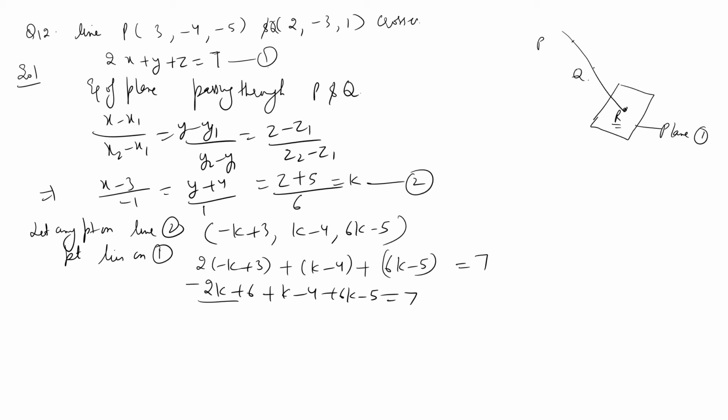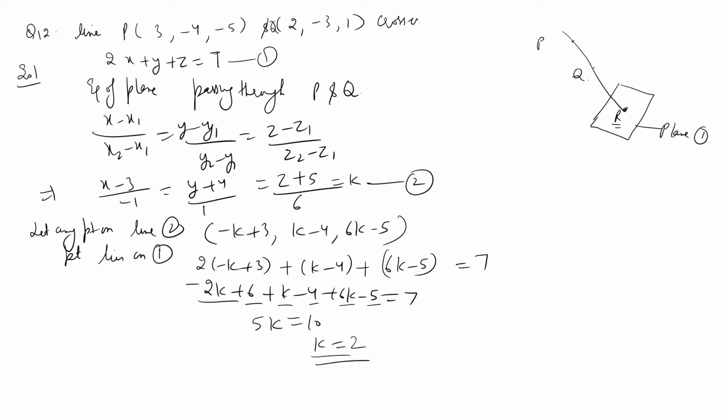So minus 2k plus k is minus k, and this is 5k plus 6 minus 2 minus 5, which is minus 3, equal to 10. Shifting to the other side, minus 9 plus 6 gives minus 3, so k is equal to 2.